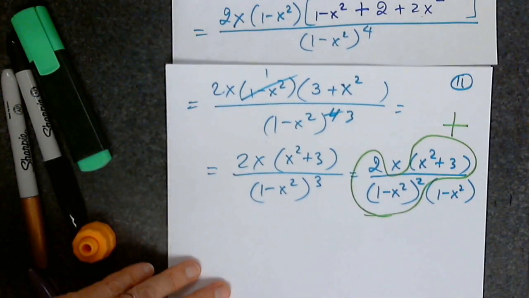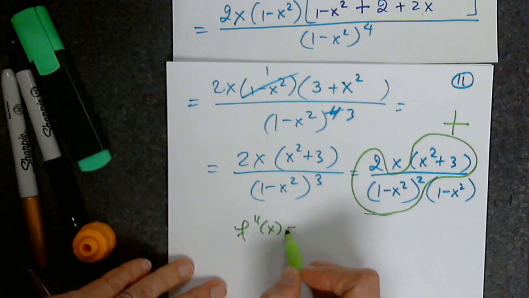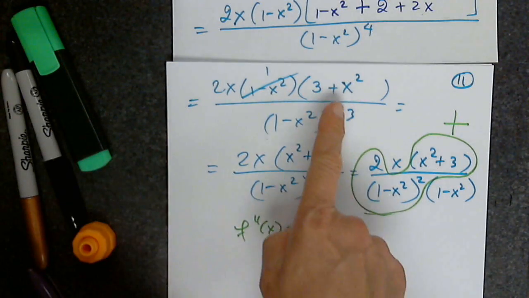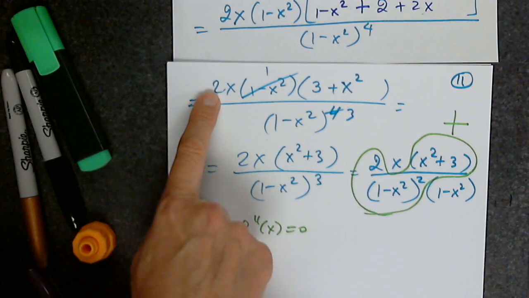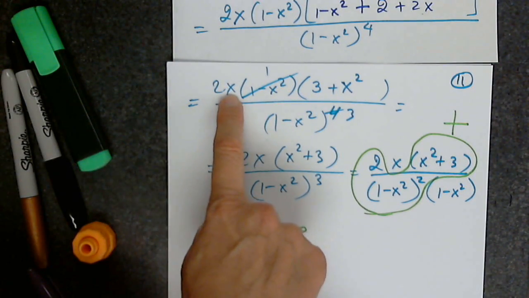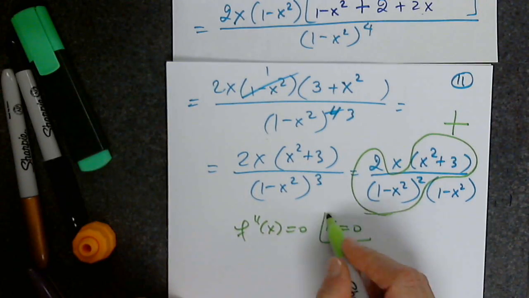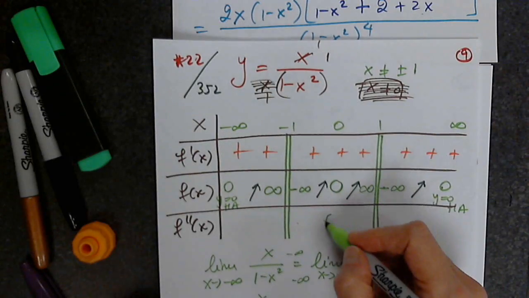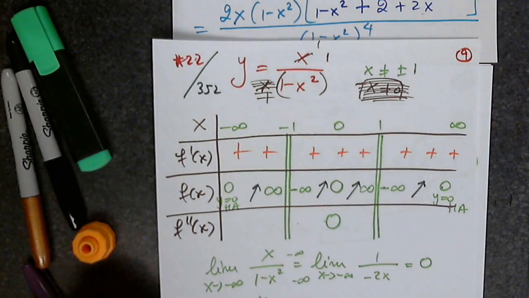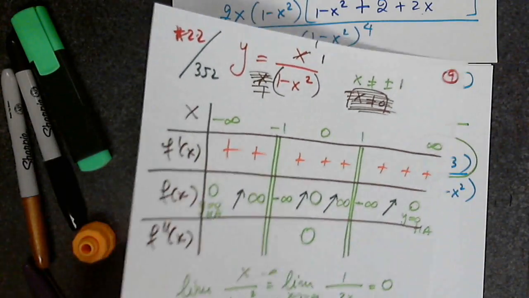So I don't have to worry about that. When the second derivative is 0, the top could be 0, but this cannot be 0. This cannot be 0. So the only one that can be 0 is this. So x equals 0. And we'll see if this turns into an inflection point in a second.